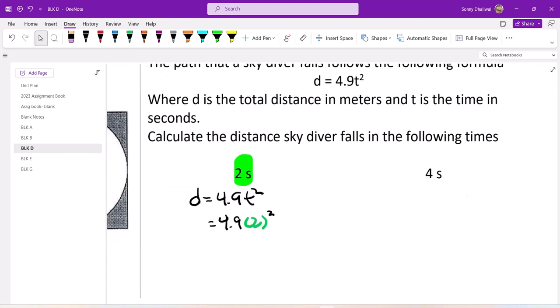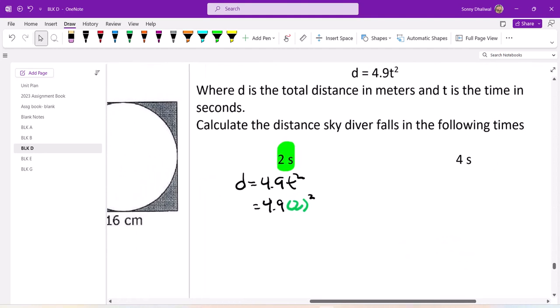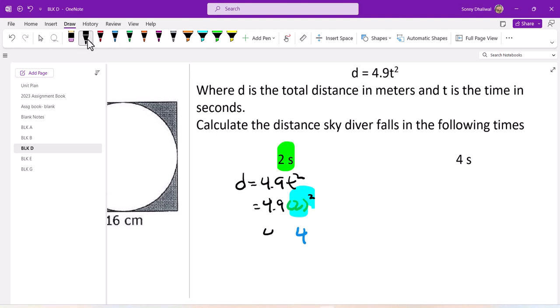So now we calculate, exponents first. So 2 to the exponent 2 is a 4, and we have 4.9 times 4, and I can't do that in my head.